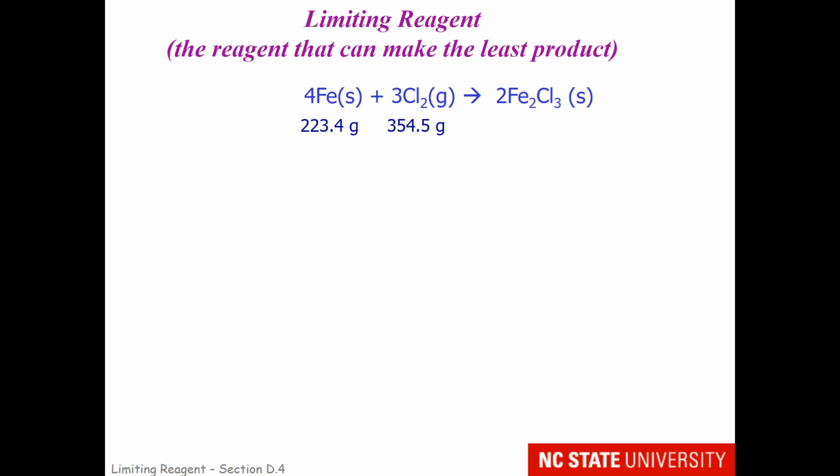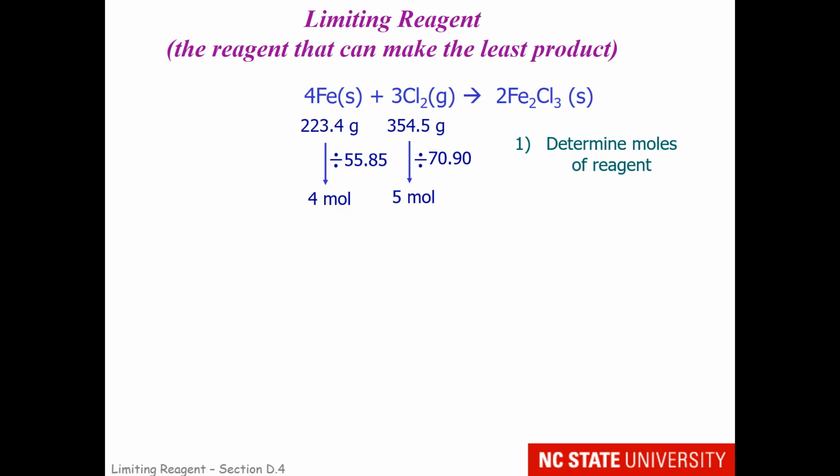Well, starting with grams is not that helpful because that doesn't give you the ratio of the moles. So your first job is to divide by the molecular weight and determine the moles of the reagent. So I can use 55.85 for my iron, and when I divide the grams of iron by that value, I wind up with 4 moles of iron.